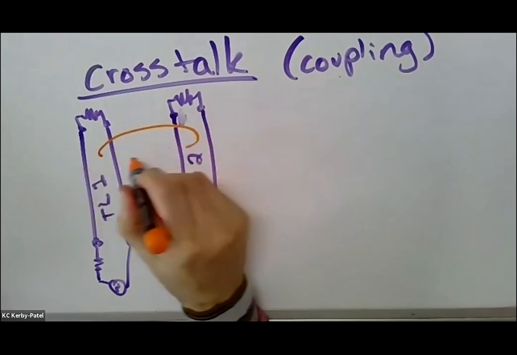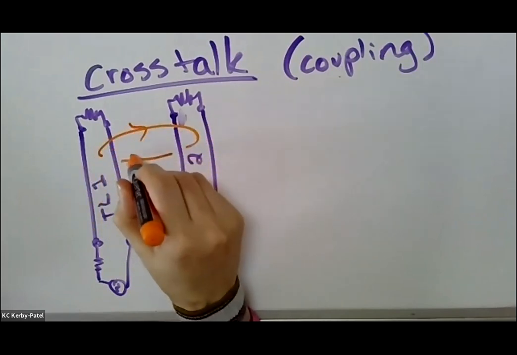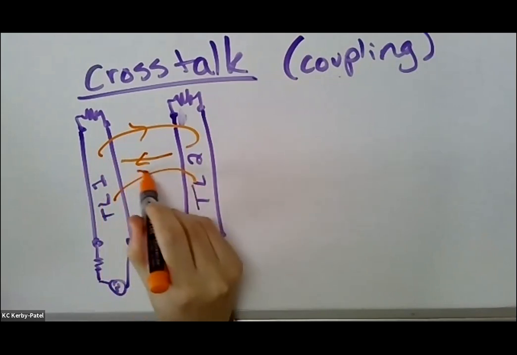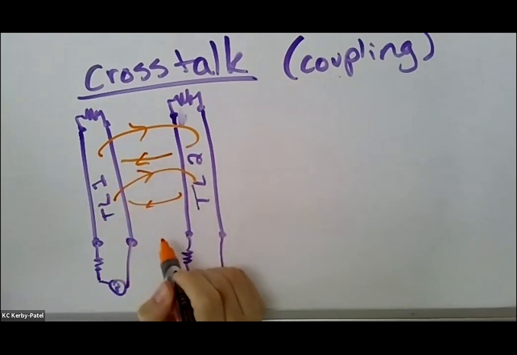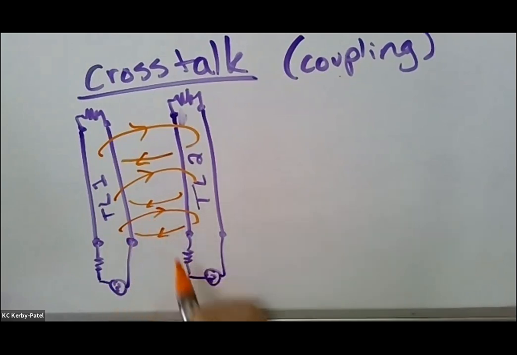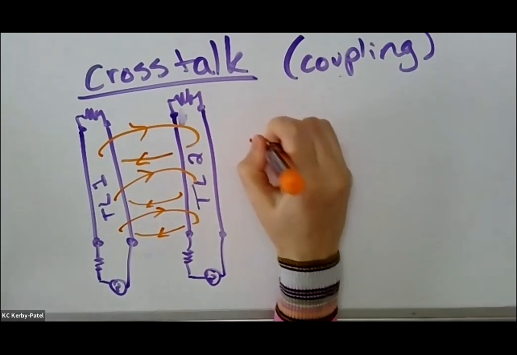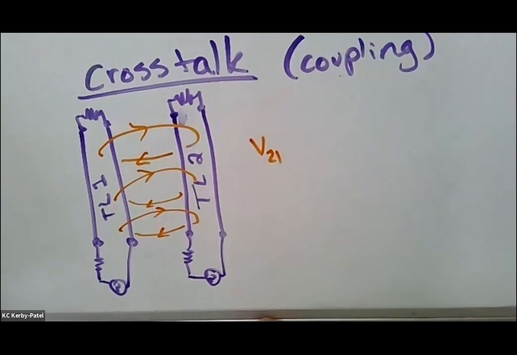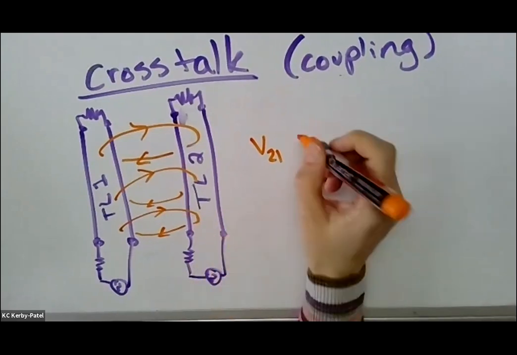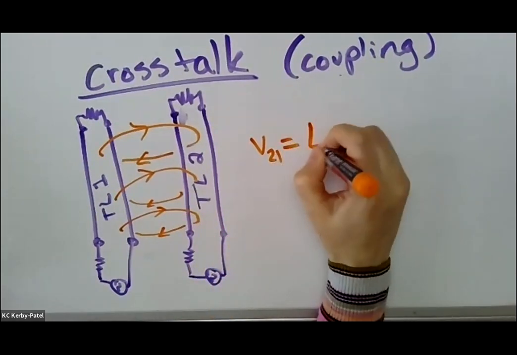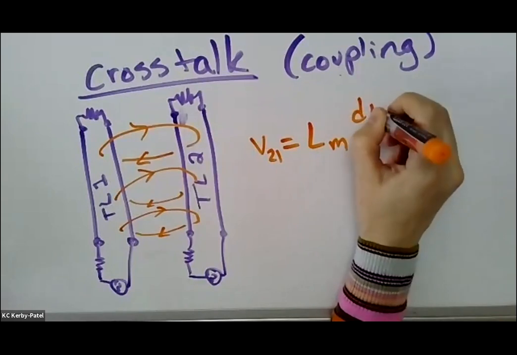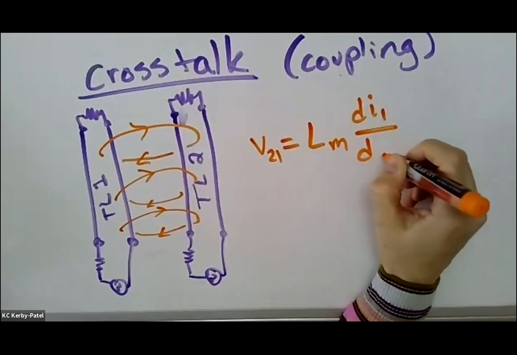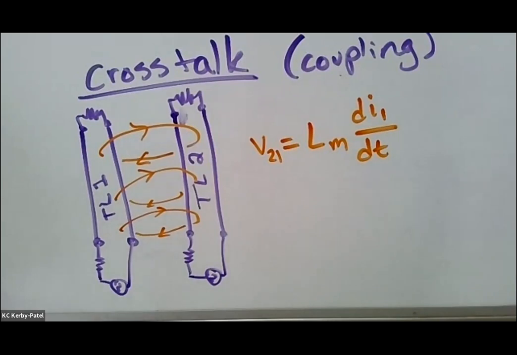So let's say we have a magnetic field that's maybe doing that, and linking these two circuits. So then you can have a voltage on transmission line number 2 that is induced by the mutual inductance and the current on transmission line number 1.